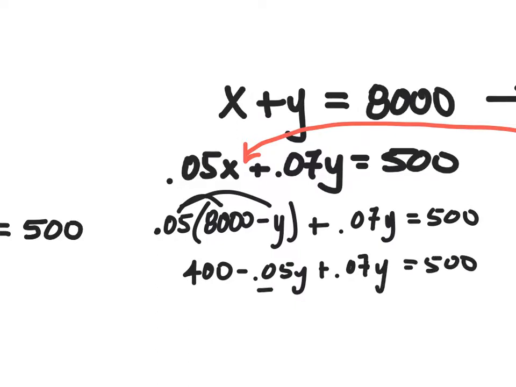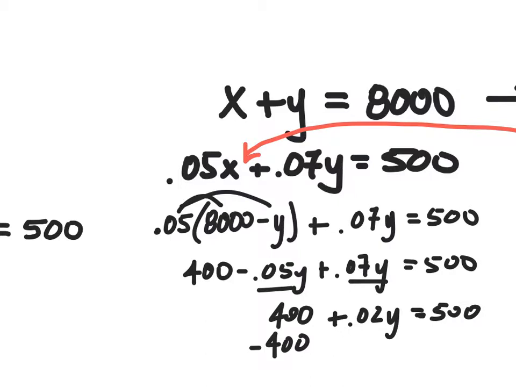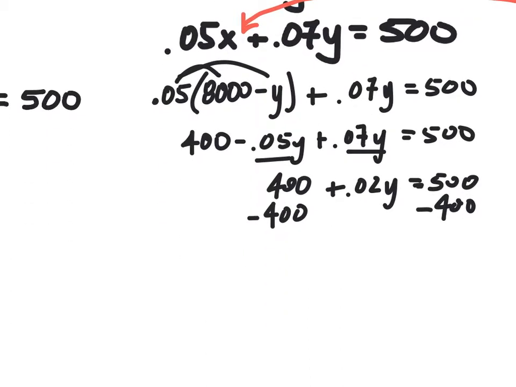Now let's combine our like terms. Negative 0.05y plus 0.07y gives us positive 0.02y, which equals 500, and I've got my 400 over here. I'm going to subtract the 400 from both sides to solve for y, which gives me 0.02y is equal to 100.